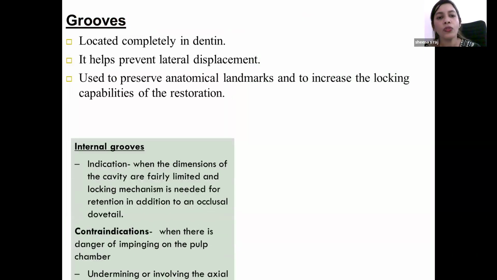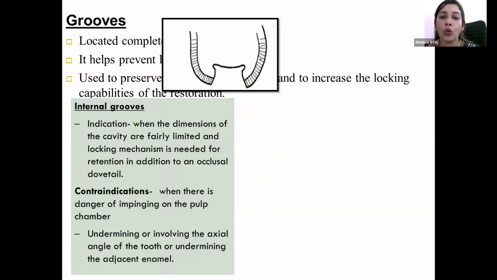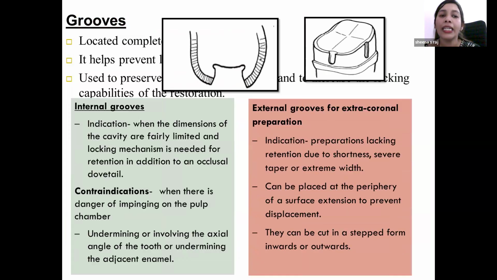Third is grooves. Grooves are mainly of two types, internal grooves and external grooves. See, internal grooves are placed internally within the cavity so that an additional retention is produced. But it is contraindicated when there is a chance of impinging the pulp.